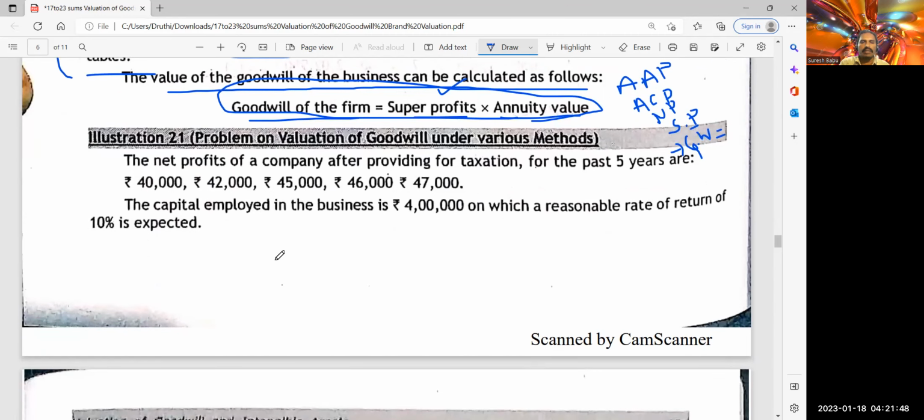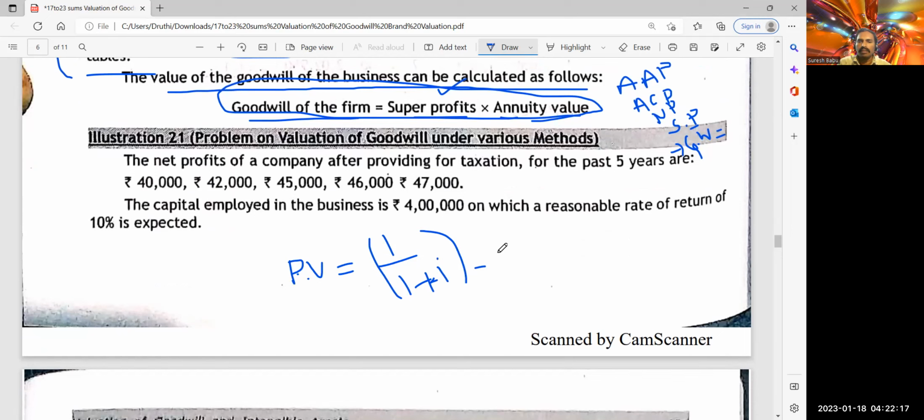Let me explain. The present value of a rupee that is received after 1 year would be 1 divided by 1 plus I. This is the formula which we use to find out the present value.